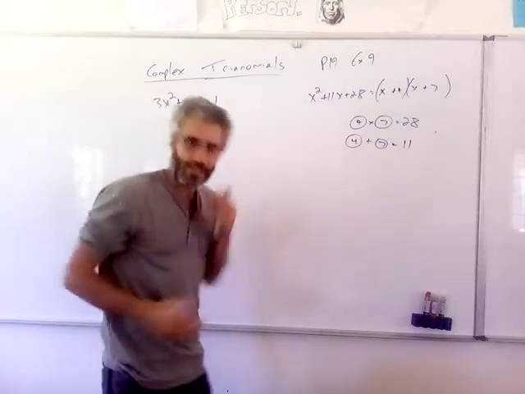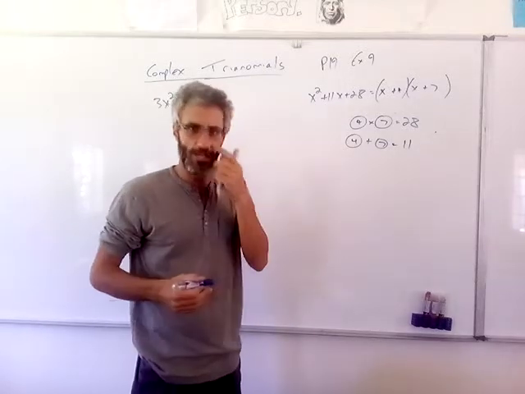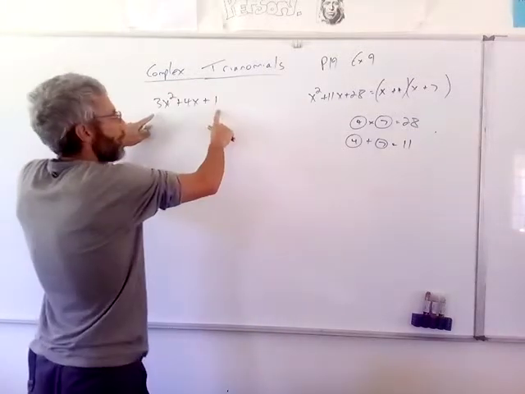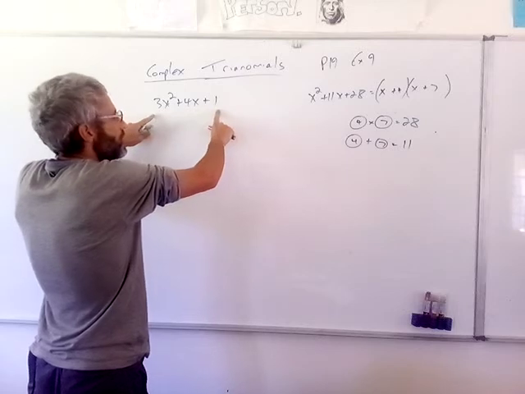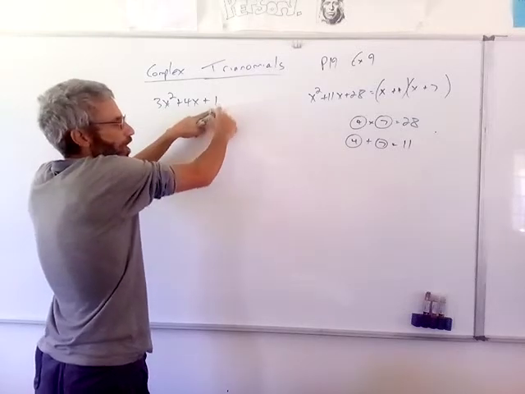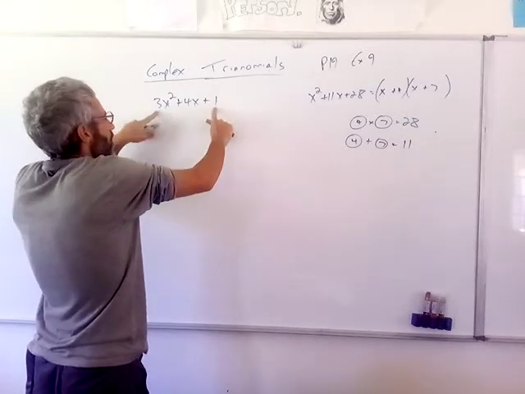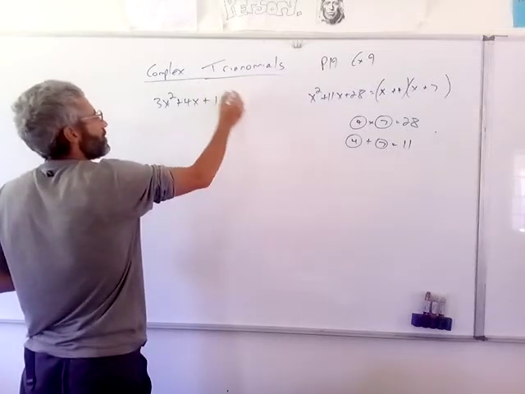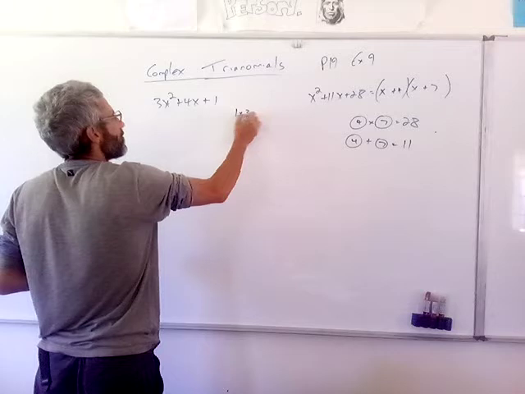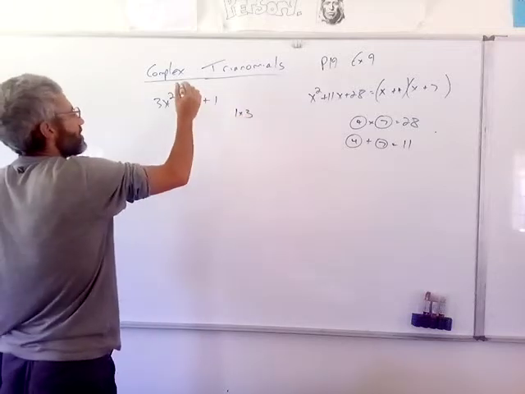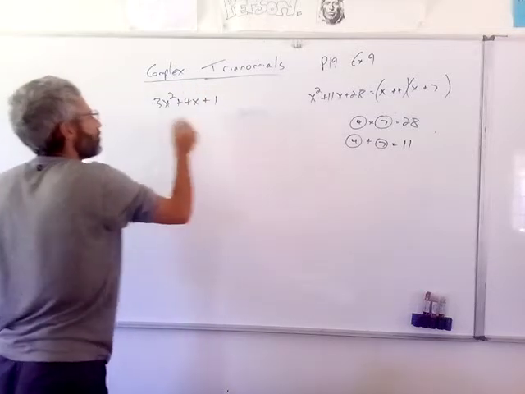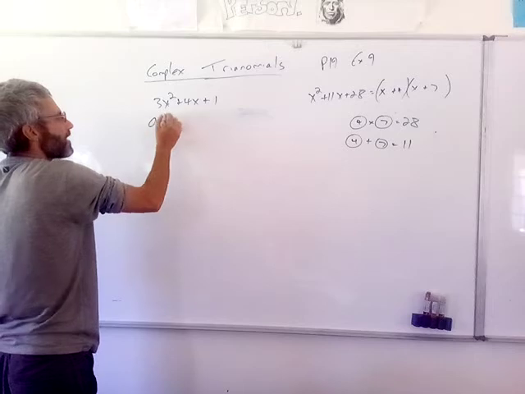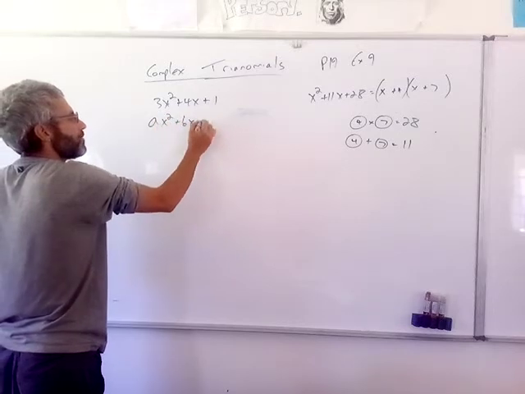This is a very similar thing, but we've got an extra stage. What we're going to do now is look at two numbers that multiply not to the last number, but to the last number times the first number. We can write it down, and hopefully that's not going to confuse you: ax squared plus bx plus c.